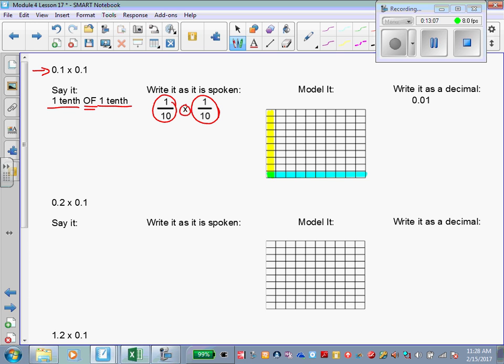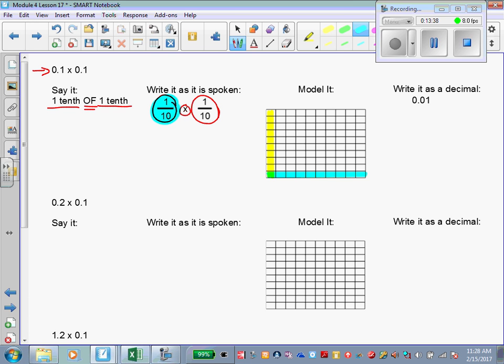All right, now the model. I know we don't like it, but I promise you it's not as hard as it seems. When I say 1/10 of 1/10, we're talking columns and rows. So this first 1/10 here, I have shown in blue.